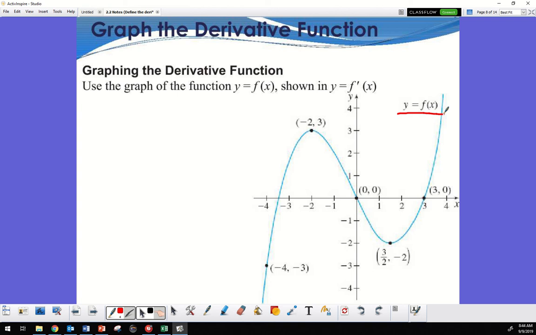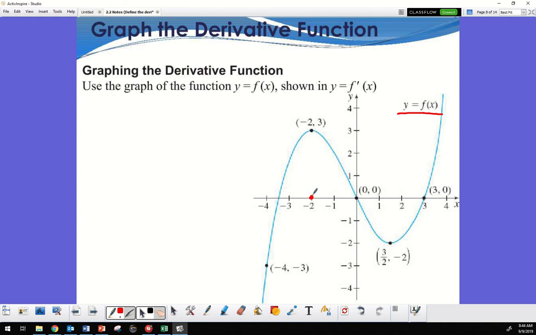If this is just my function, what is happening here? As my function's going up right here, at this point, what is the slope? 0, because it's changing from increasing to decreasing. So that slope is 0, right? So at 2, I'm going to put a dot right there, because I know that the derivative is going to go to 0 here.